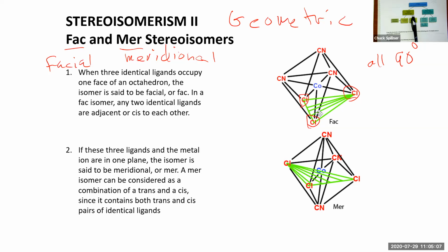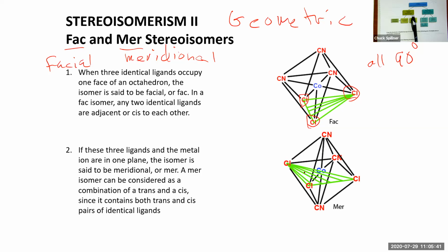So again, you have 3 ligands that are the same. And in this case, the ligands are in a plane that transects the octahedron. So in this case, we have the chlorides, or chloro when they're in the name. If you drew a plane between them, that plane, rather than being a face of the octahedron, transects the octahedron.